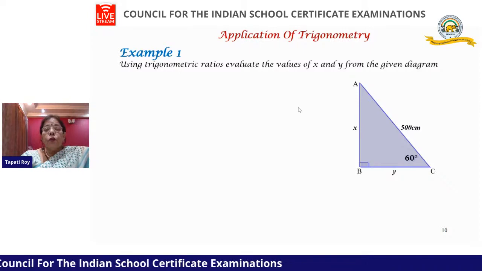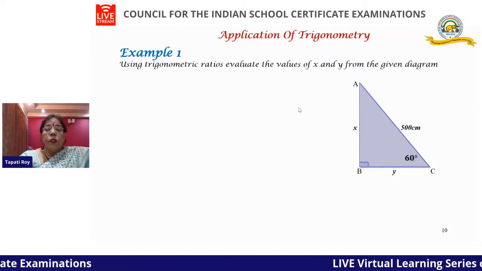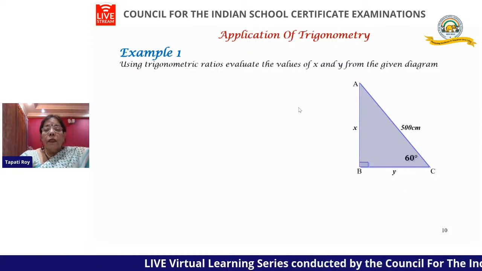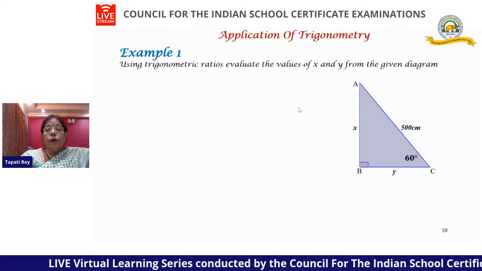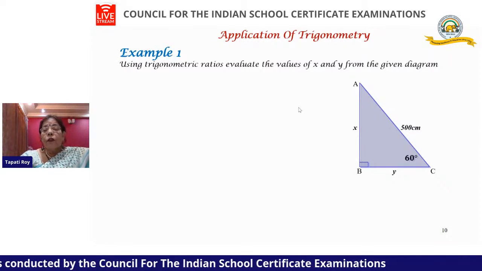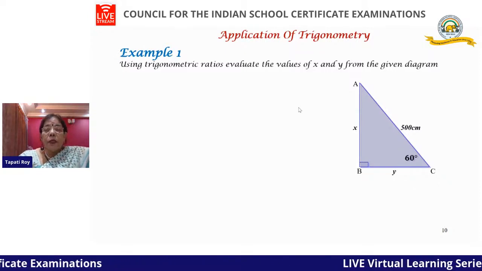So what do we do? We use a trigonometric ratio. Now you have to understand which ratio to use, sine, cos, tan. Now I need to find out x, and I know the hypotenuse. So perpendicular and hypotenuse involved, what is coming into your mind?